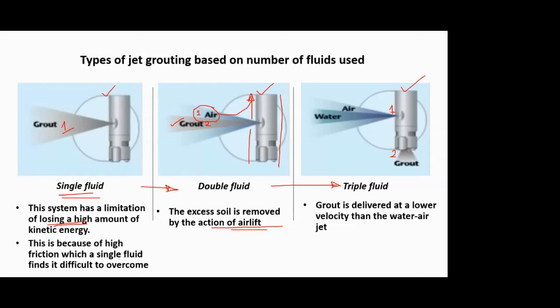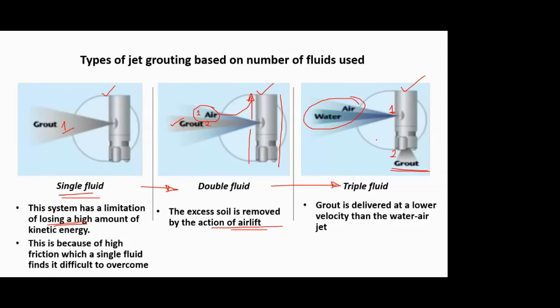The second nozzle is at the bottommost surface, and the first nozzle is somewhere above it. From the first nozzle, you get water and air, which is injected under high pressure into the soil system. This water and air will do the work of weakening the soil and pushing it back, and then you will have grout spread simultaneously.